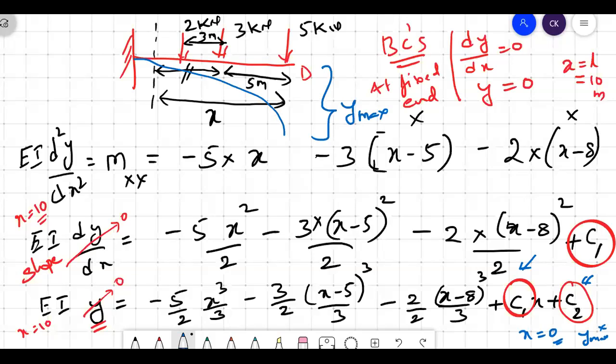So it will be a long process. For one problem you can use the formulas or you can derive an equation, but it will be a somewhat long process.